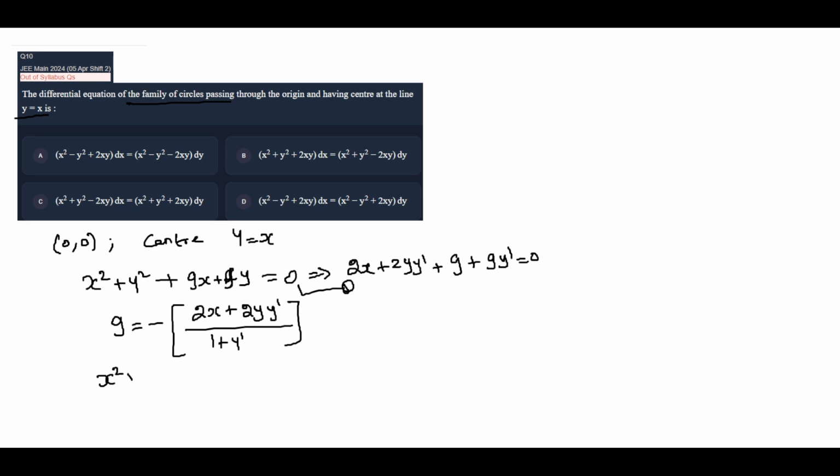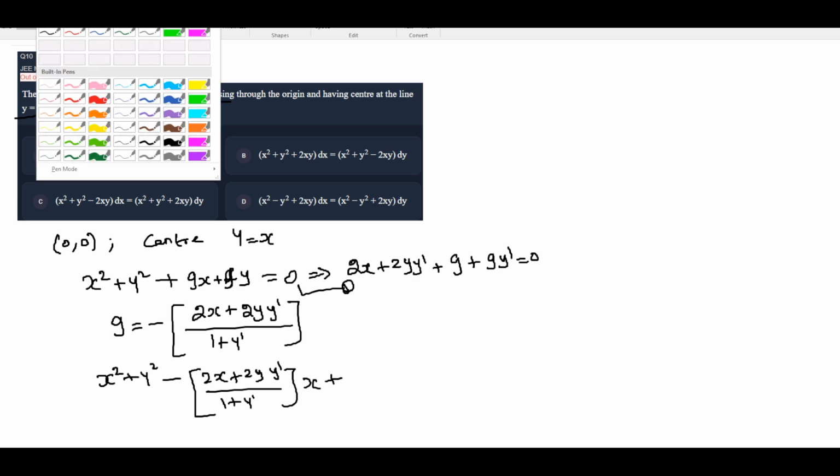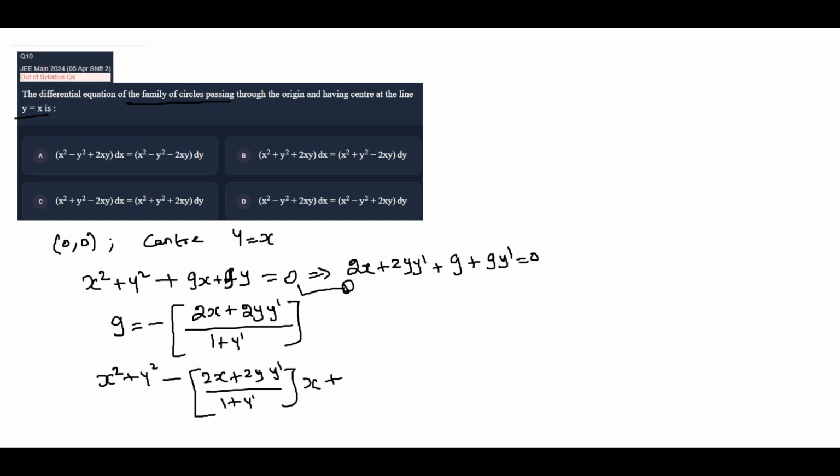So x square plus y square minus 2x plus 2y y dash by 1 plus y dash into x plus y, which is equal to 0.